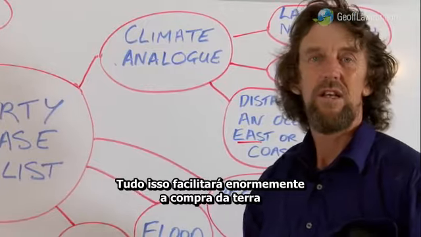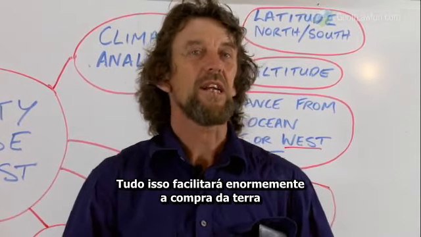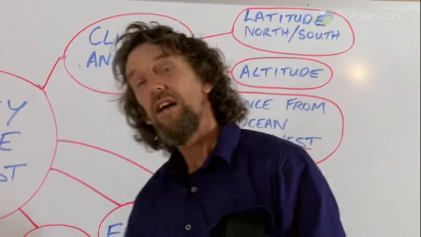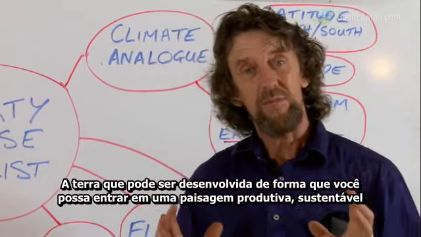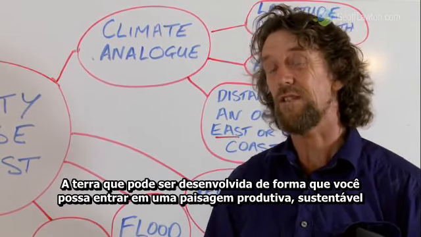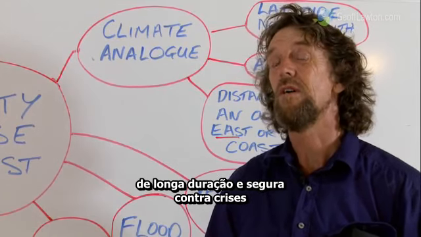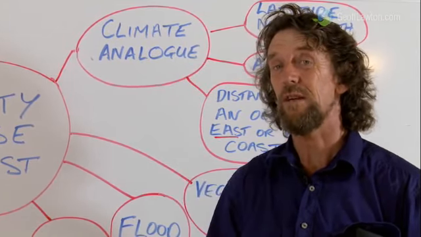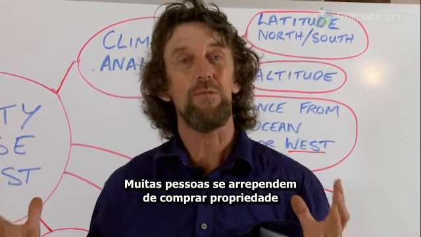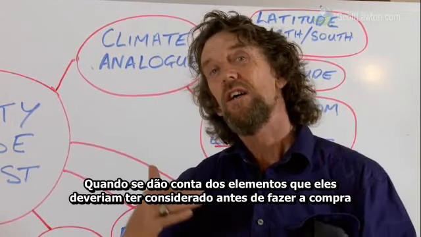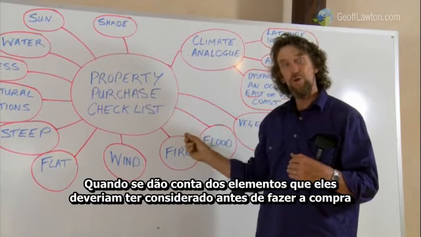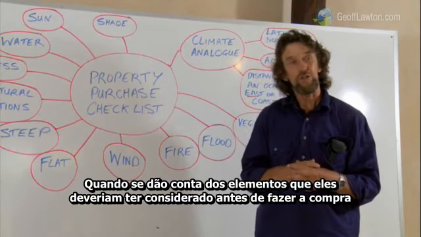All of this is going to make it so much easier to purchase land that can be developed so that you can go into a productive, sustainable, and long-term, crisis-secure landscape. Many people regret purchasing property once they realise the elements they should have considered before they make their purchase choice.